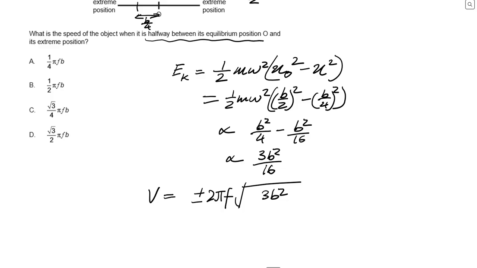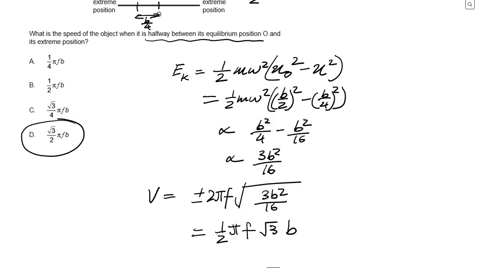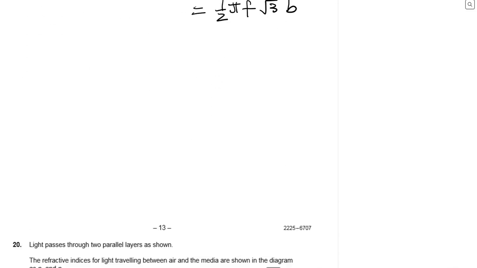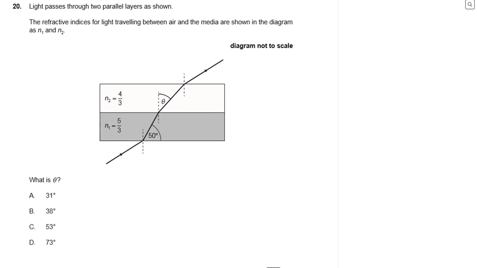This is 3b squared over 16, so that is 2 pi f times half root 3, and we have b. So that gives us the answer. Hopefully that's right. I think it should be, and we'll definitely check.